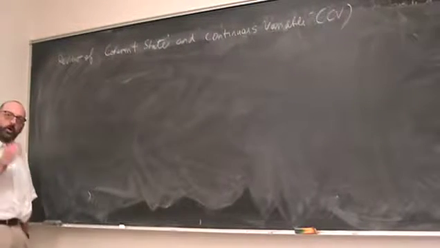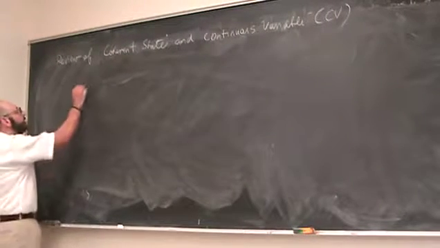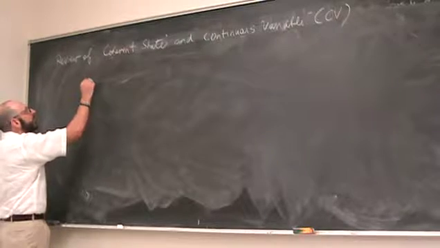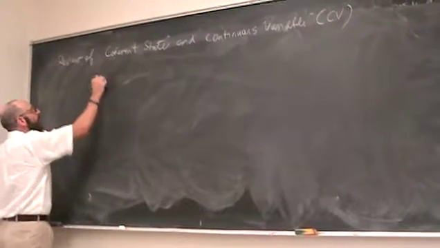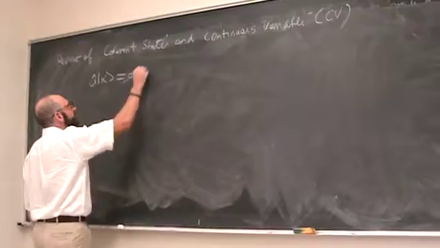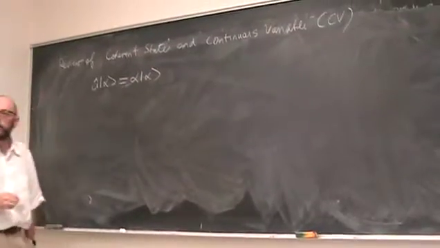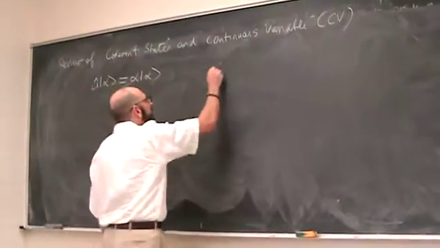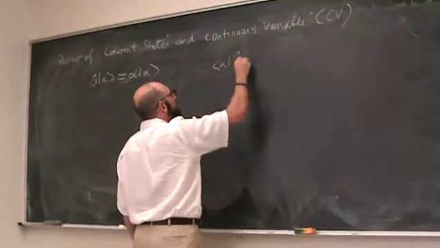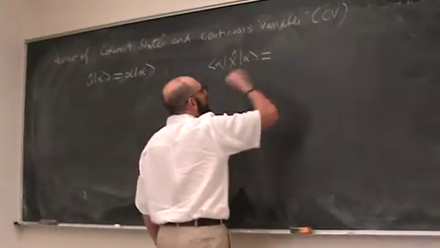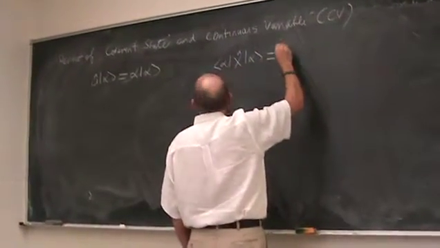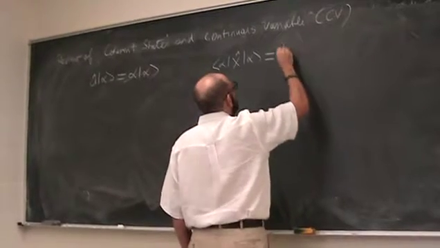Okay, so let's recall some things. Again, we had that our coherent state was an eigenstate of the annihilation operator, and had the property that its expectation value had the expected form.